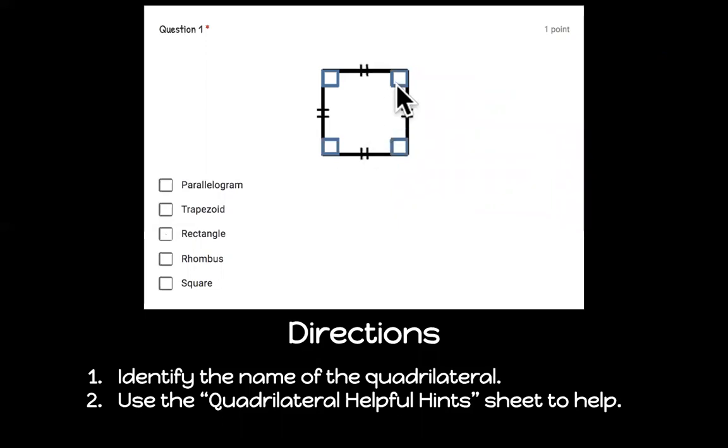This box here means it's a right angle or 90 degrees. And then we have all of the different types of quadrilaterals that we talked about. So what you're going to have to do, now I can't do this because it's a picture, is just click on the box that describes the name of that shape. And then don't forget to hit submit at the end after you answered all of the questions.